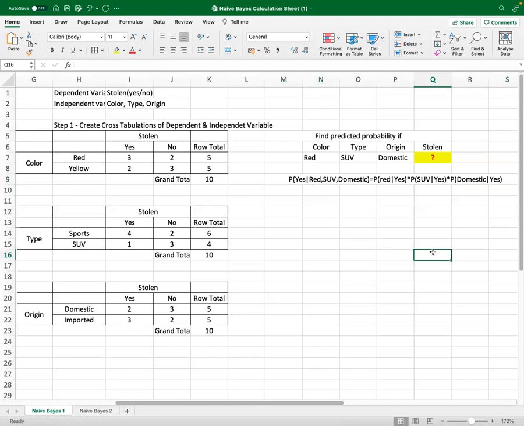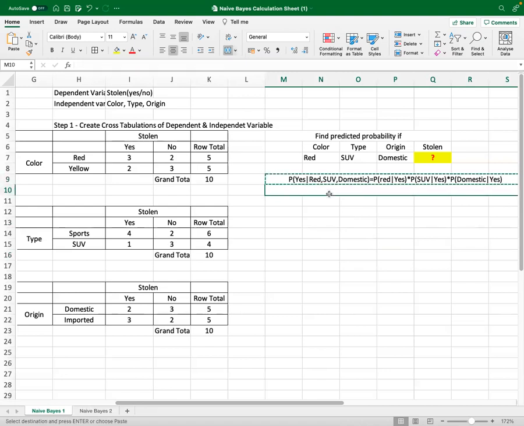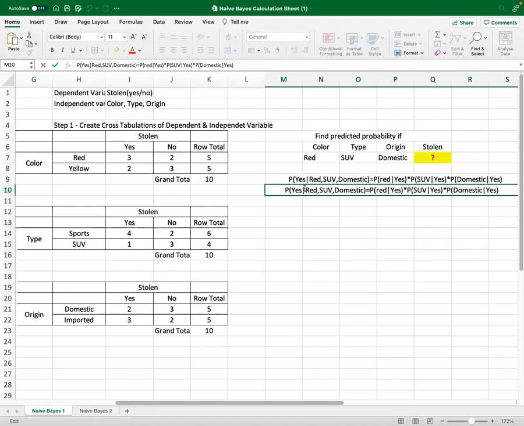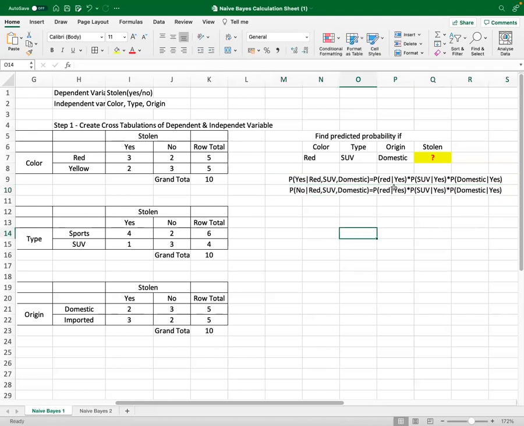If the cumulative probability of this is greater than the, so we will get a probability here, right? We also need to calculate the probability of no given red SUV.